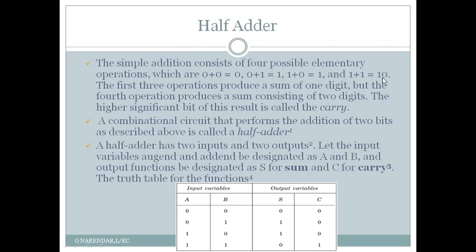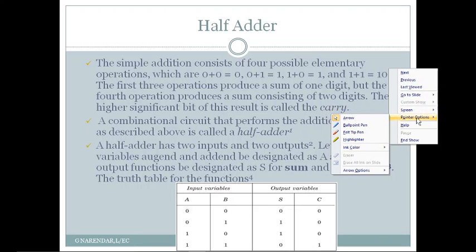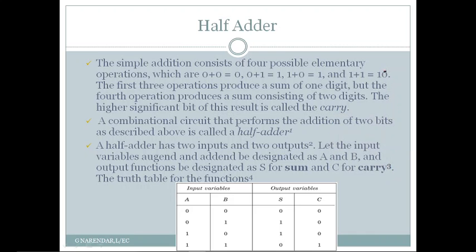And when it produces a result of two digits, this least significant bit is called sum, and the higher significant bit of the result is called the carry.